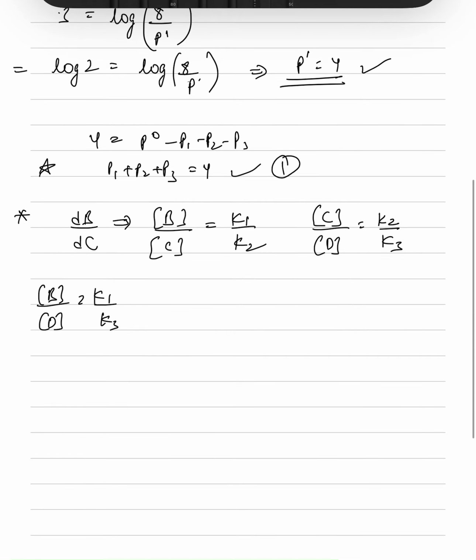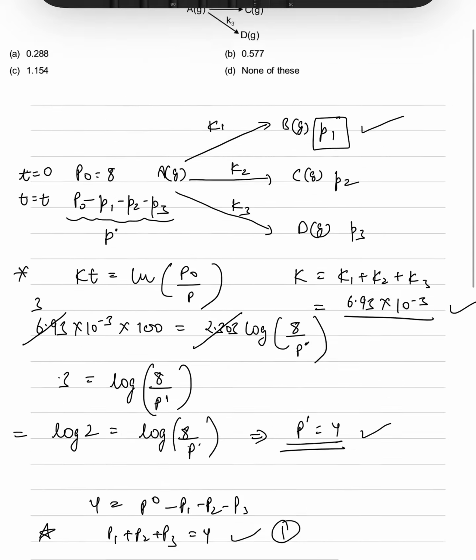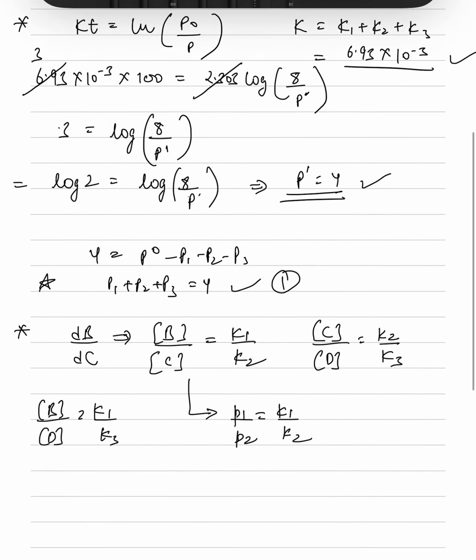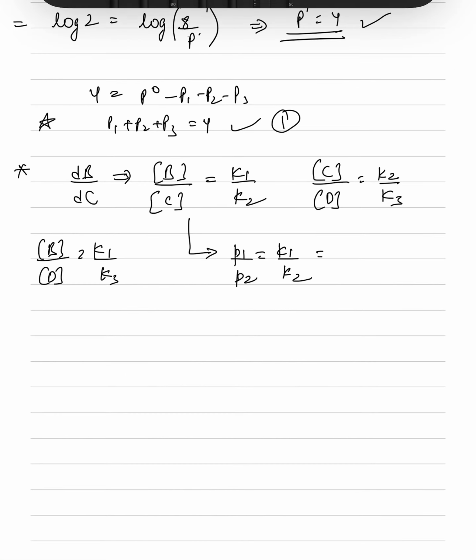That means according to this equation, B upon C is equal to K1 by K2. That means it is P1 by P2 is equal to K1 by K2, right? Now K1 is how much? K1 is 2 into 10 raised to the power minus 3 and K2 is 3 into 10 raised to the power minus 3. That means K1 by K2 is equal to 2 by 3. This is one equation we got. Similarly, if we deal with C by D, C by D is P2 by P3.